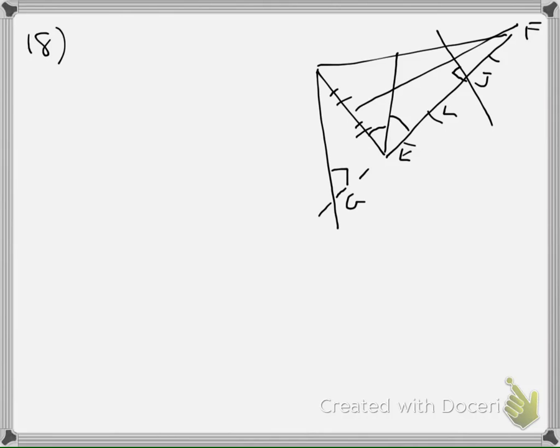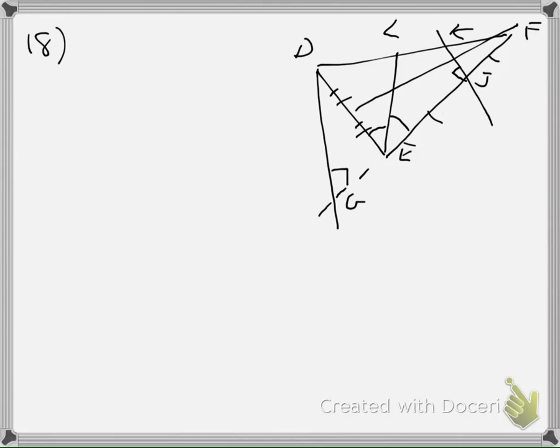These lines are congruent. And D, L, K, F. Okay, so we have this figure we use for 18.